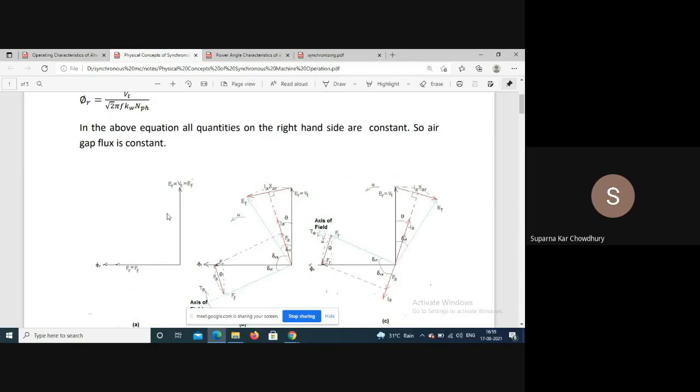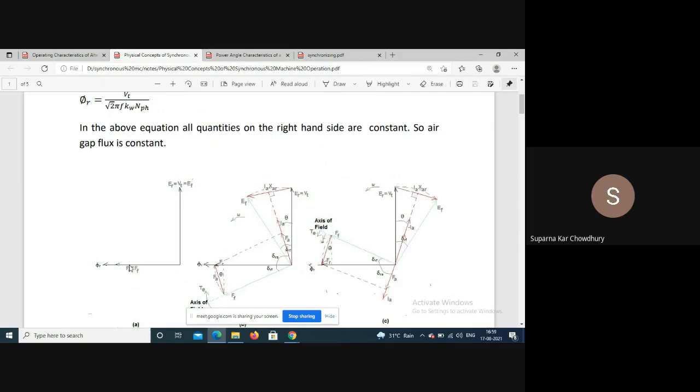Now this figure corresponds to no load condition. Under no load condition, there is no armature reaction, so the resultant air gap mmf is equal to the field mmf.